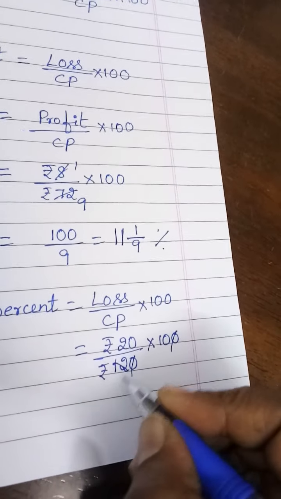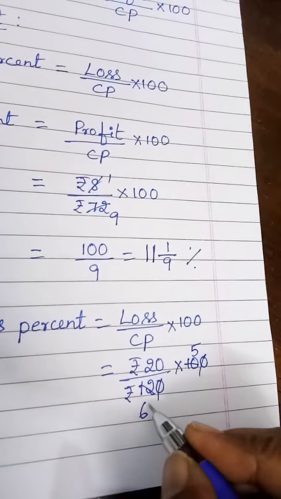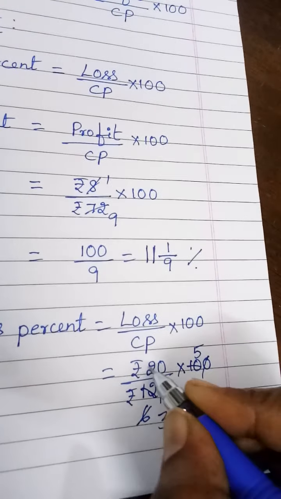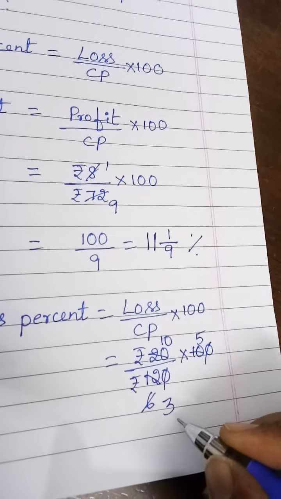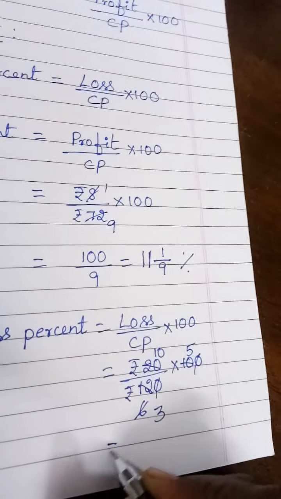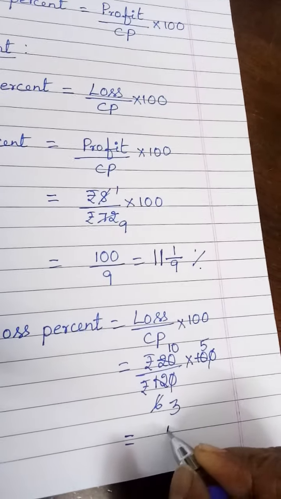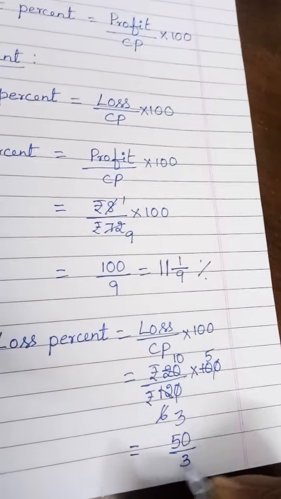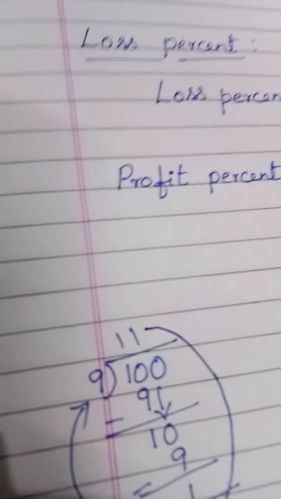Here 2 6s are 12, 2 5s are 10. Again there is a chance: 2 3s are 6, 2 10s are 20. Now you can't cancel further because 3 is a prime number. So you can directly multiply: 10 5s are 50 by 3. So do the division for that as usual, 50 divided by 3.